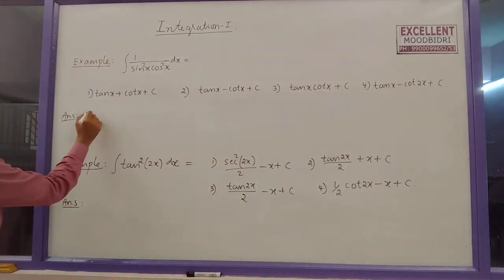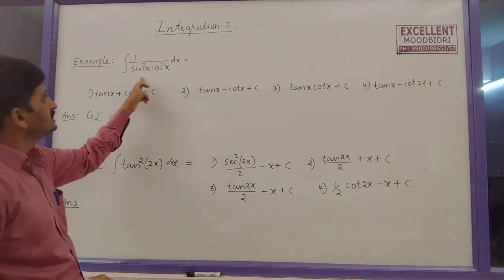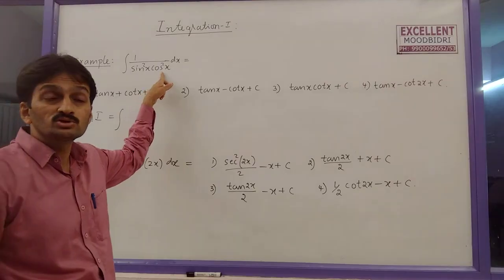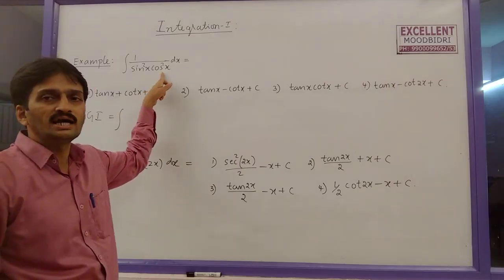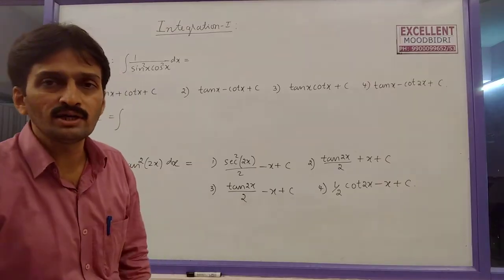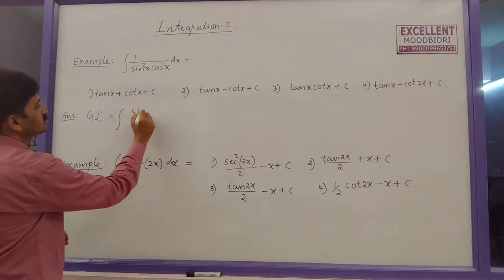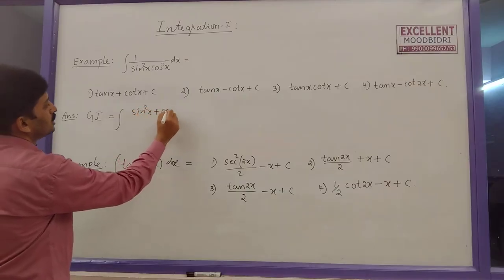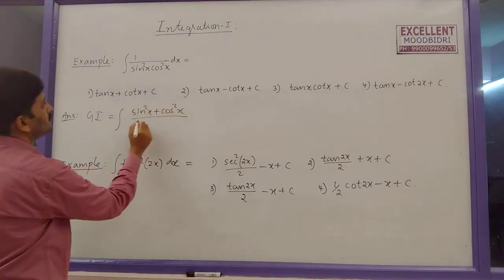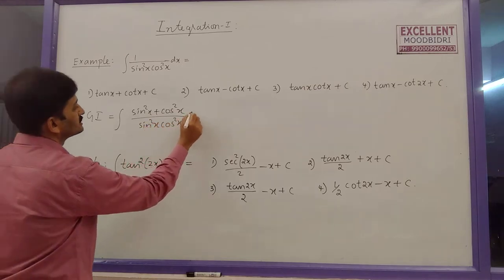Given integral equal to, now see, 1 by sin square into cos square is cosec square into sec square, but that is not a standard integral. Here what technique has to be used? Use sin square x plus cos square x identity. So sin square x plus cos square x divided by sin square x into cos square x dx.